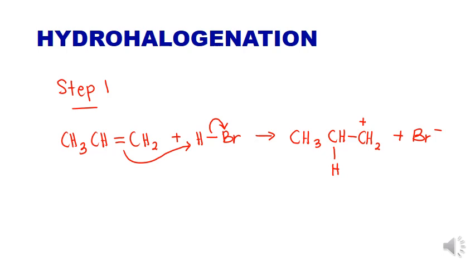So from this step of reaction, we can see that it produces a primary carbocation. So the primary carbocation is the least stable. Thus, we need to consider whether we have to do the rearrangement to get a more stable carbocation.